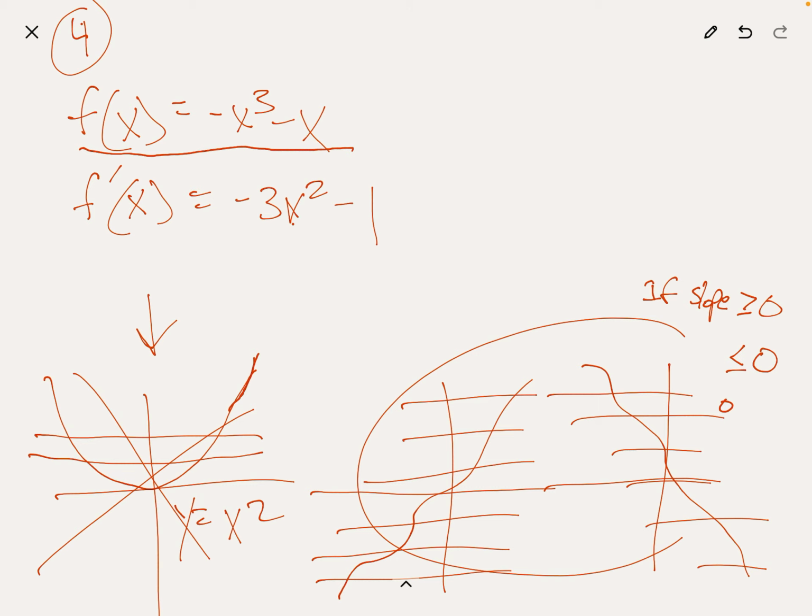With one exception, it will equal 0 at one point, and that would be, I think, the square root of 1/3, because then you'd get negative 3. Oh, excuse me. No, it's always going to be negative. So never mind. So the slope is always negative, and therefore it's a 1-to-1 function.